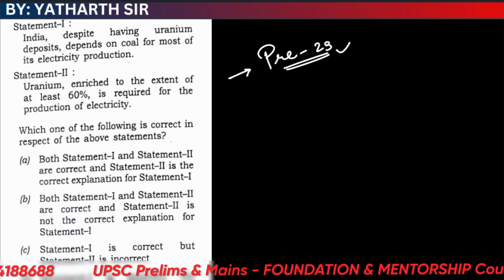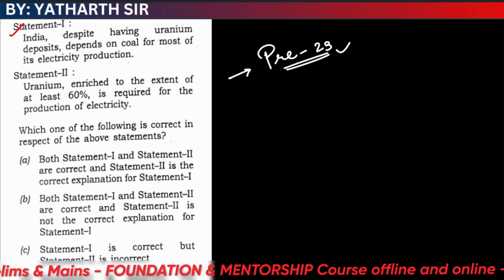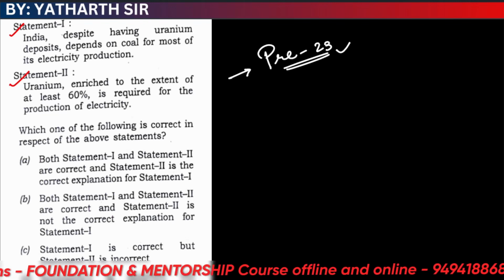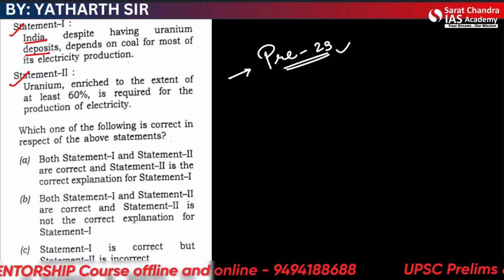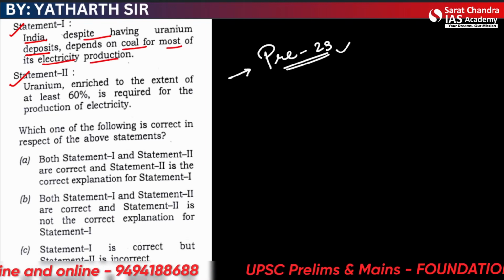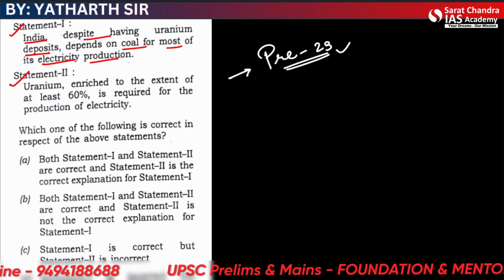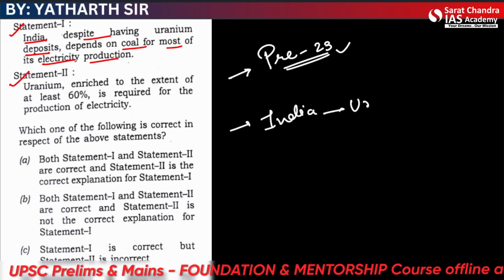I'll highlight the important pickups from this question. It gives us two statements. In statement 1, it says that India, despite having uranium deposits, depends on coal for most of its electricity production. So it's saying that India has uranium.